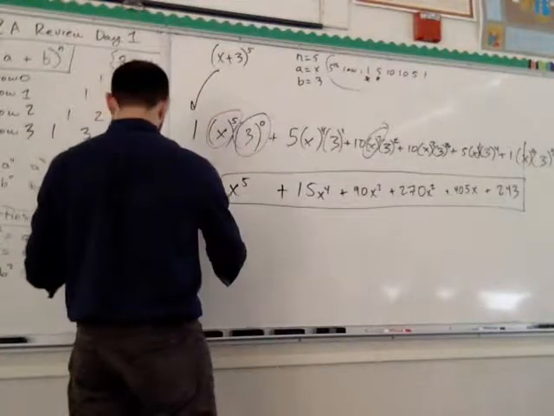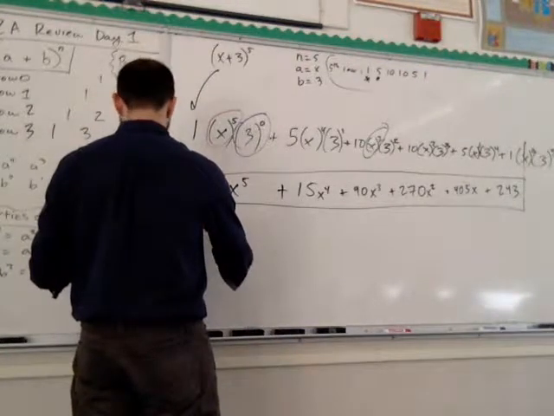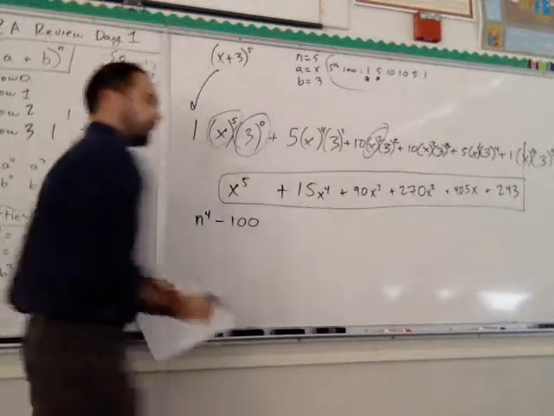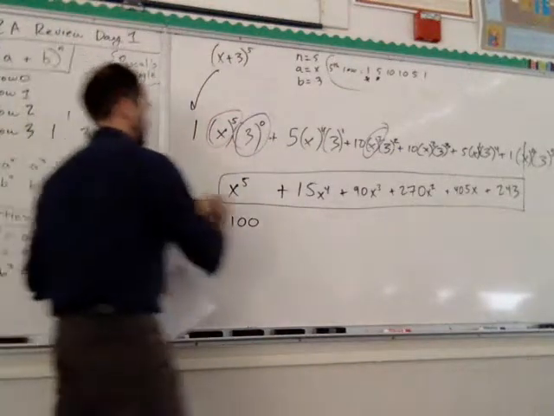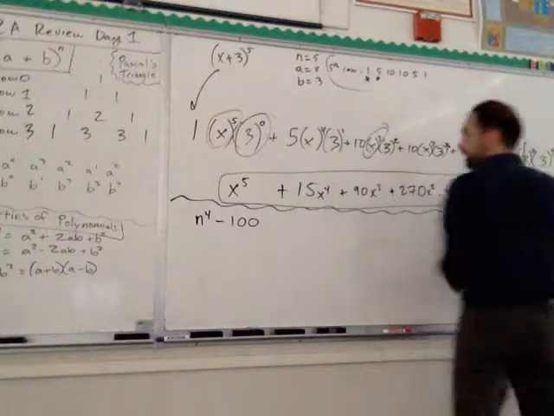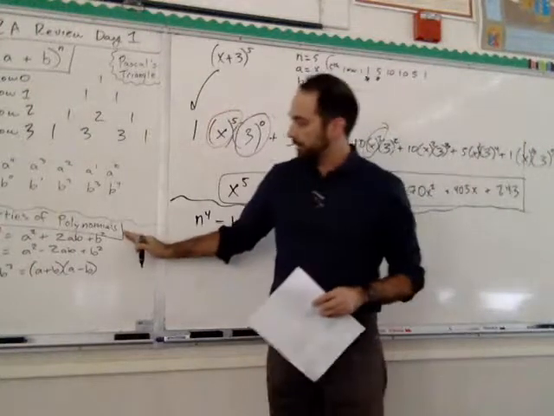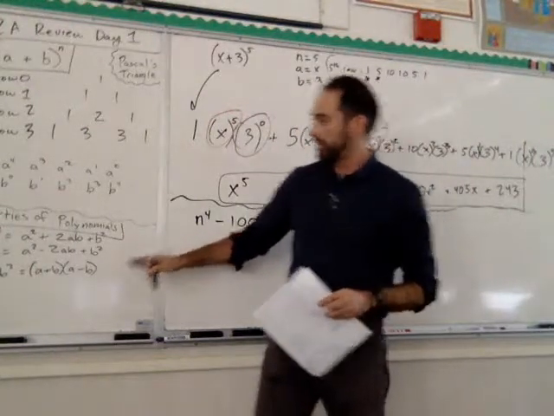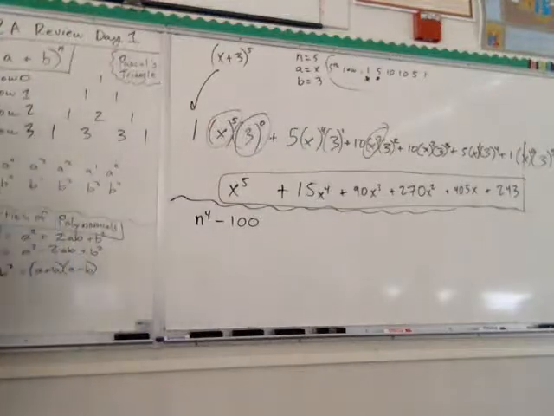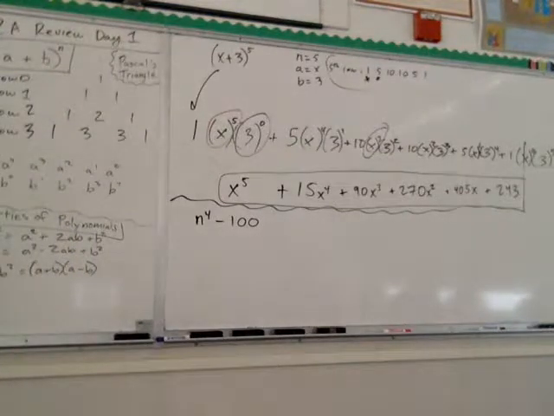We have x to the 4th minus 100. The first step for this is a different topic. The first step is to look and see which one of these identities right here our problem looks like.